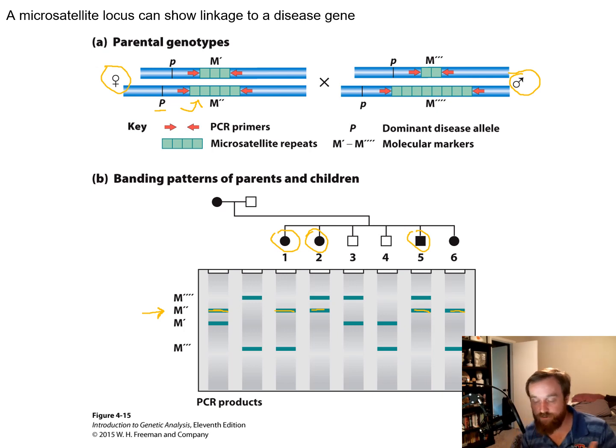So what we can do then is assume that this M double prime is a molecular marker for this disease, and we can use that to say, if you have this 5 copy variant of this molecular marker, maybe you should look into whether you're going to develop this disease in the future, because they're tightly linked and one is indicative of the other.